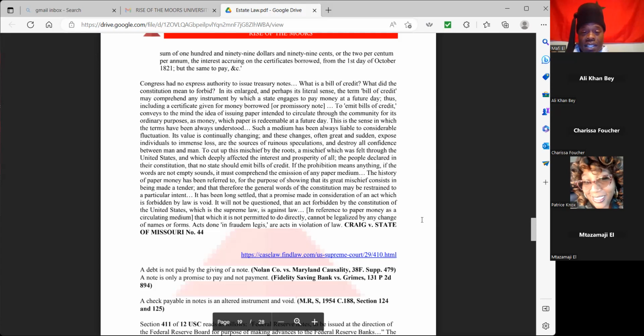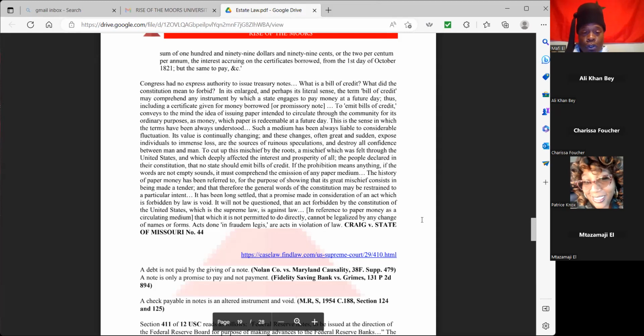It will not be questioned that an act forbidden by the Constitution of the United States, which is the supreme law, is against the law. And that's in reference to paper money as a circulating medium. That which is not permitted to do directly cannot be legalized by any change of names or forms. Acts done in fraudum legis, or fraud, are acts in violation of law.